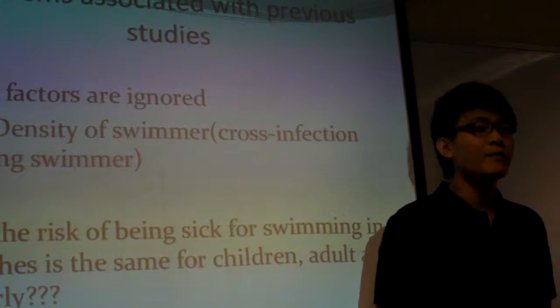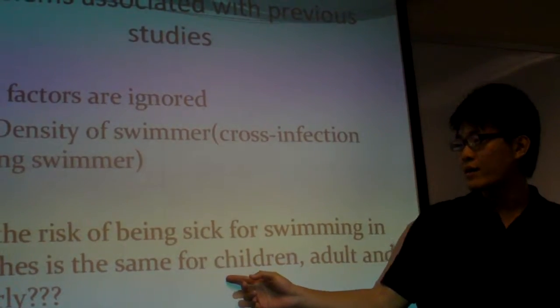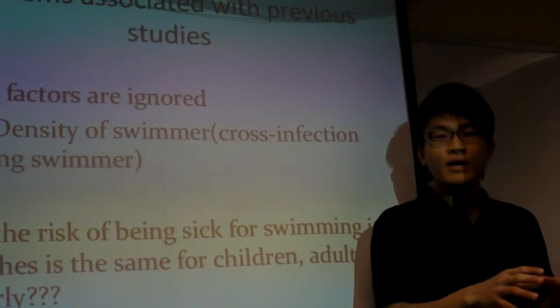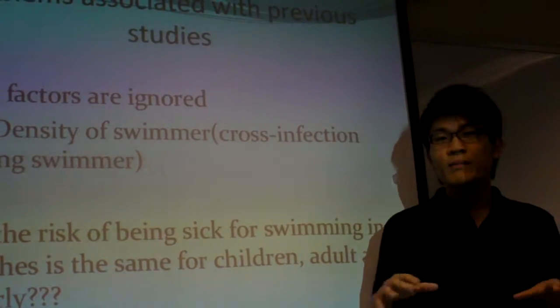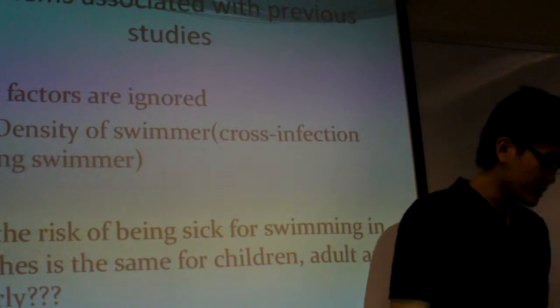Also, one study particularly studied the effect on children, and I was also interested to compare the risk between children, adults, or even the elderly. Are the risks among them the same? So we want to do this.